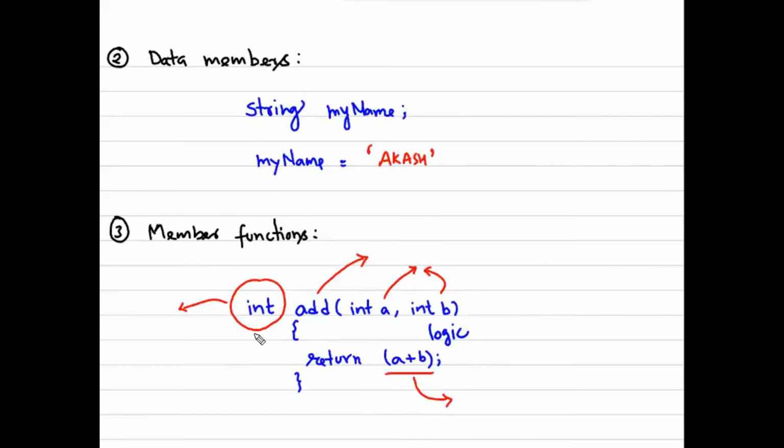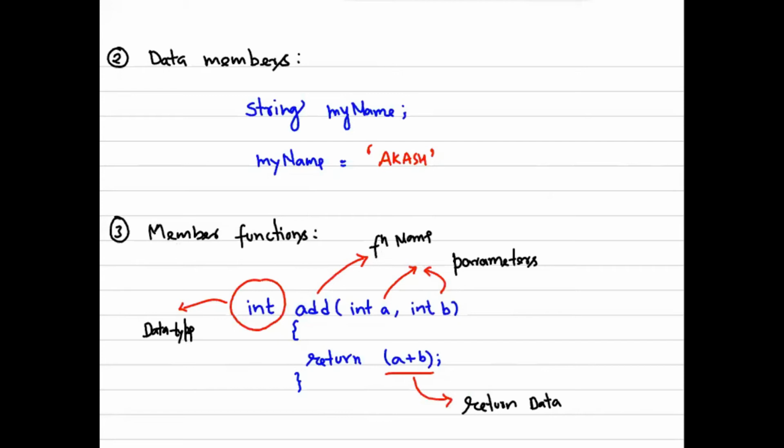We have discussed functions earlier as well. We say this is the data type and this is the return data. The function would return this data, and the return data would be according to the data type. Add is the function, and A and B are the parameters of this function. So this is called the member function.